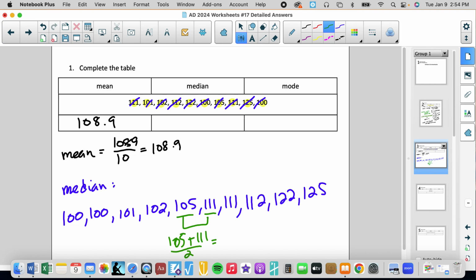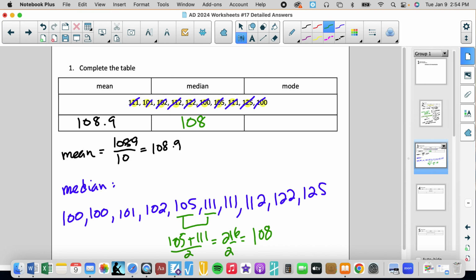We find the average of those two. 116 divided by 2 gives me 58. That should be the median. I did that wrong. What did I do? That's 216. Silly. 216 divided by 2 gives me 108. So my median is 108. That would be my middle. Most frequent mode.